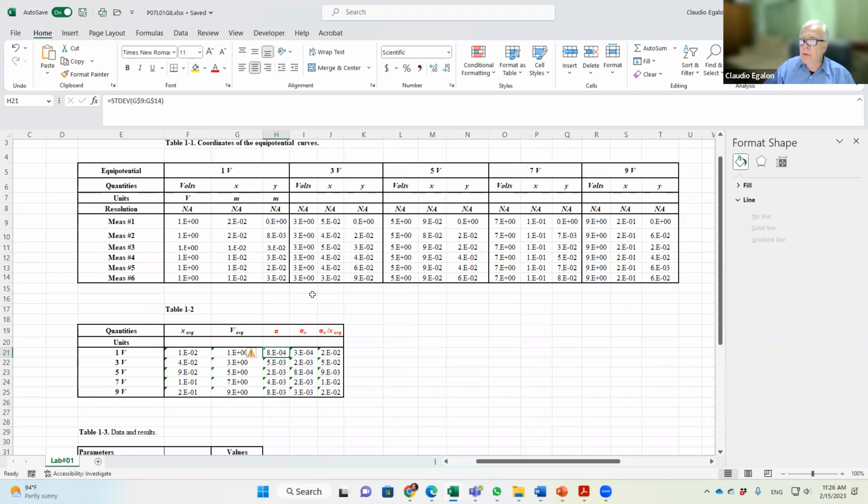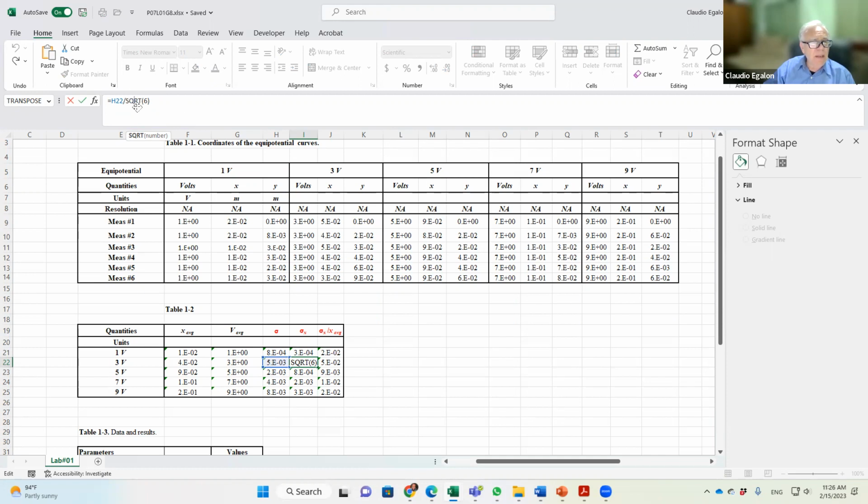Once you get the equation, you perform a dimensional analysis and find out the unit for sigma. In this case, sigma x is the standard deviation divided by the square root of 6. Why square root of 6? Because you have 6 measurements.